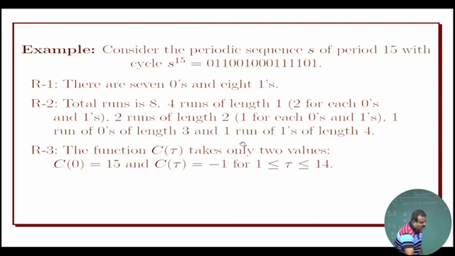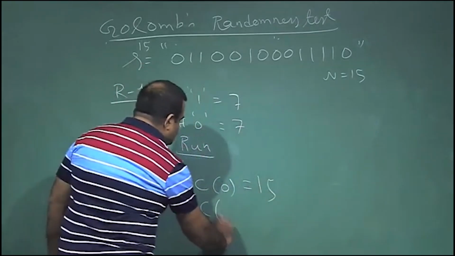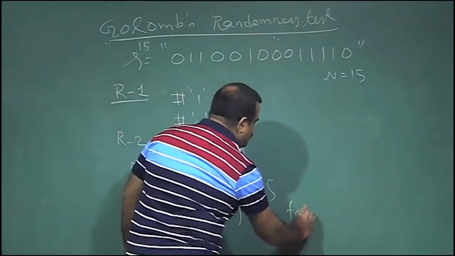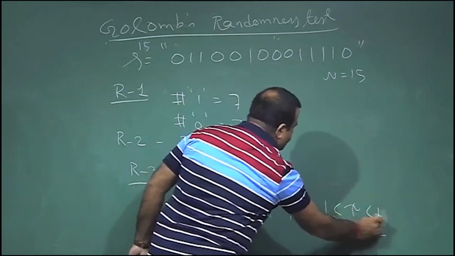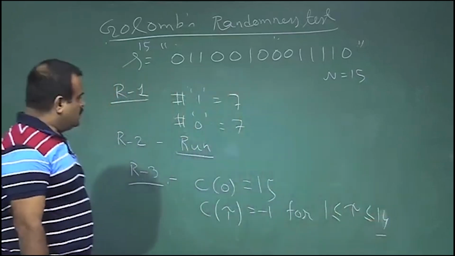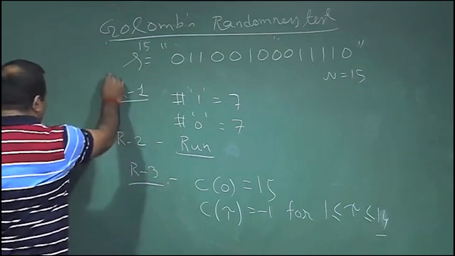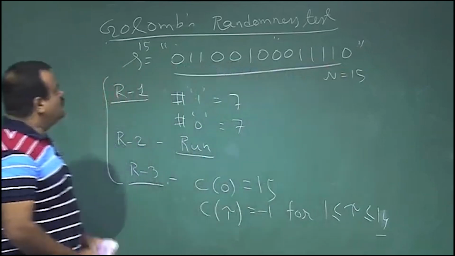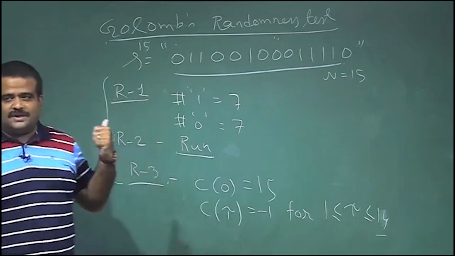If you calculate this, it gives us a constant function where C(0) is 15 and C(tau) is minus 1 for 1 less than or equal to tau less than or equal to 14. So, this is the autocorrelation, a constant function. So, Golomb's postulates are satisfied for this sequence. Now, we will see where this sequence is coming from.